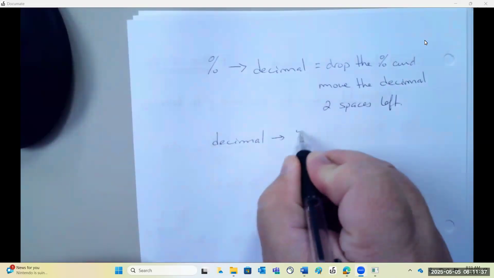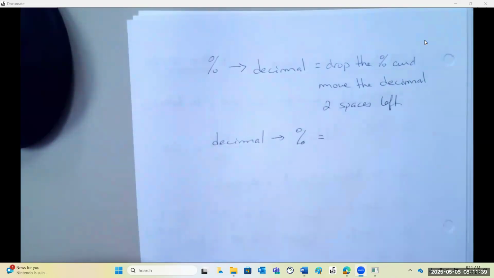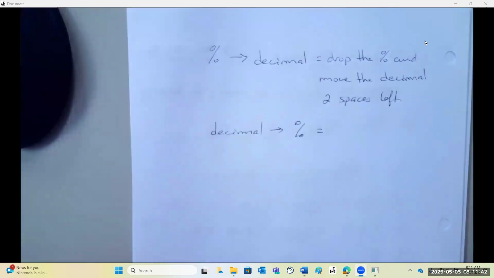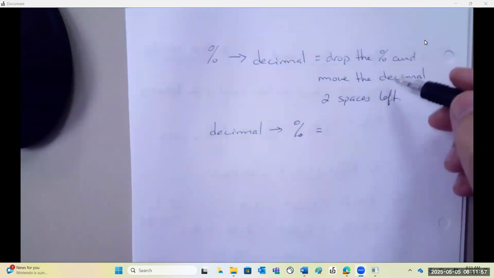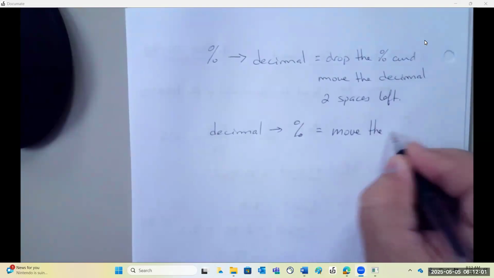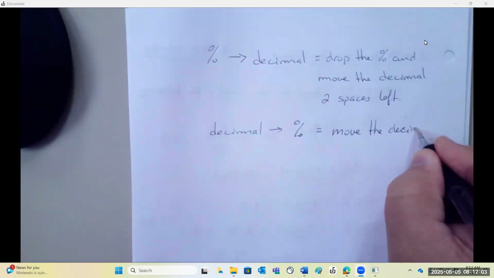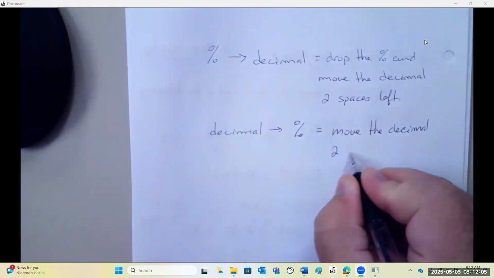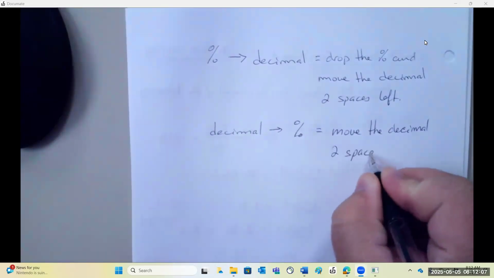From decimal to percent. What do you do there? Remember, we're going from decimal to percent. It's just the opposite of this one. Move decimal 2 spaces, which direction?